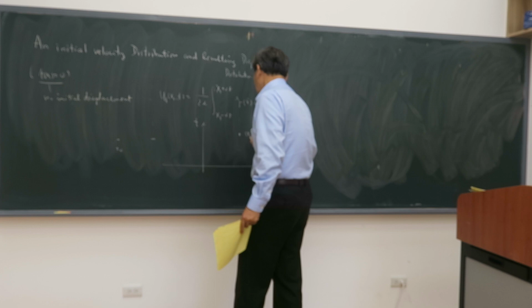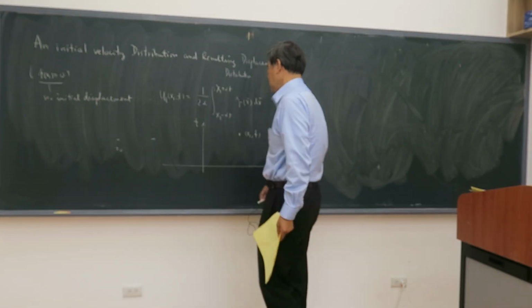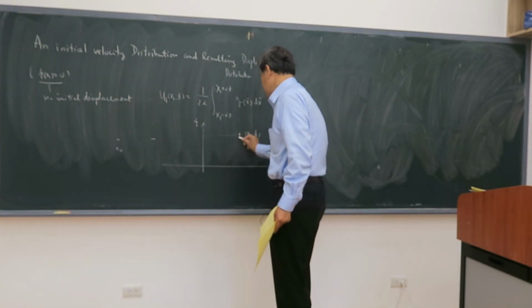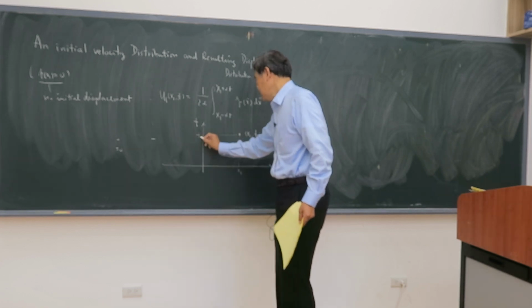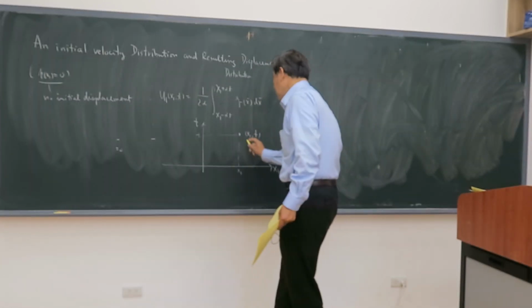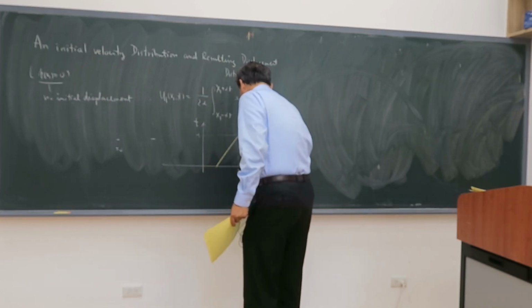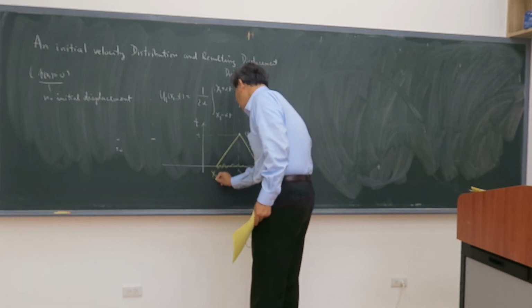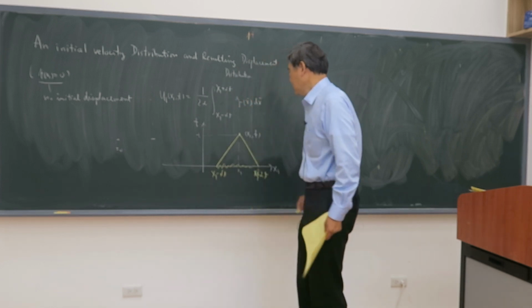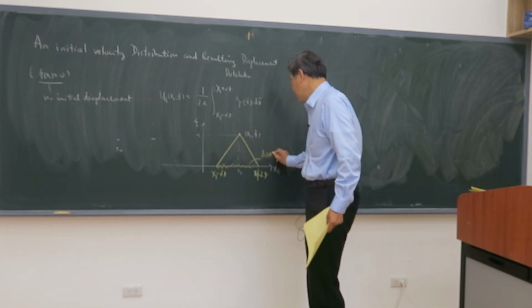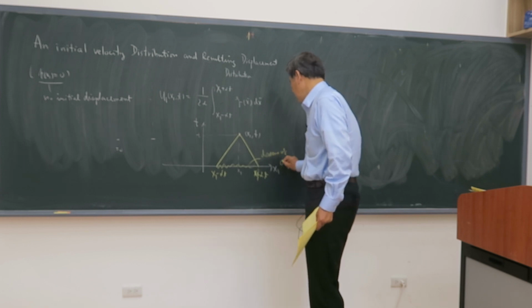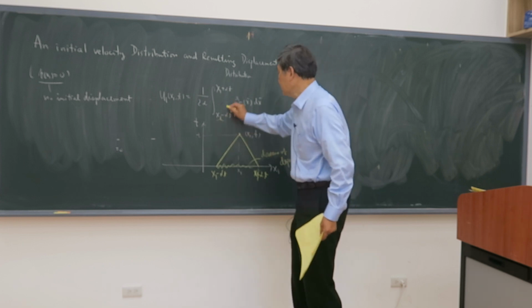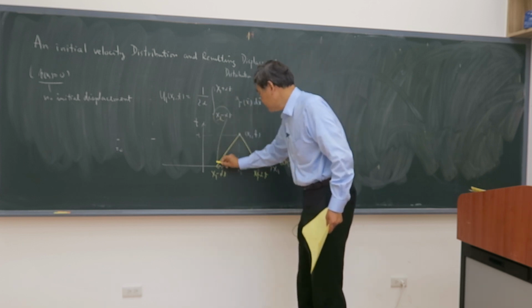For any point x1 at time t, its domain of dependence is like this, from x1 minus alpha t to x1 plus alpha t.